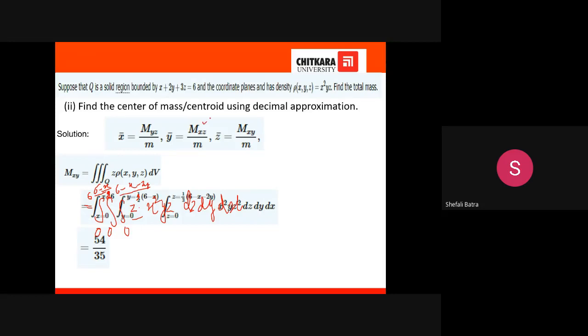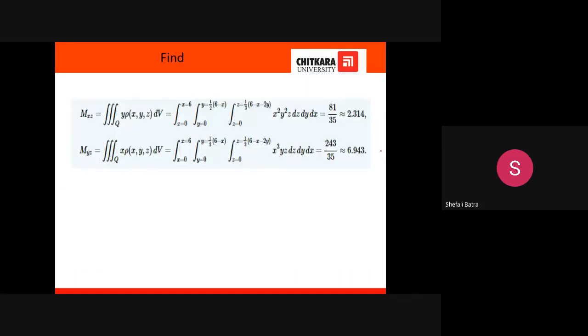Similarly, we'll be finding Mxz and Myz. So for Mxz, the formula would be triple integration y rho dv. And for Myz, the formula would be triple integration x rho dv. Right? So you will do it yourself. I'll show you this answer. Mxz, Myz, you have evaluated.